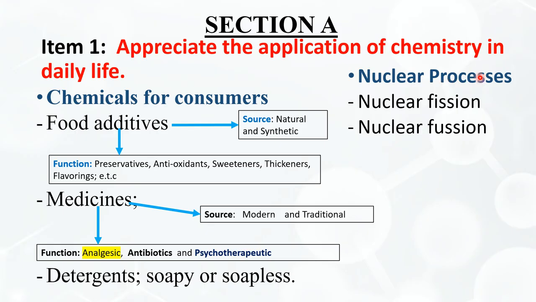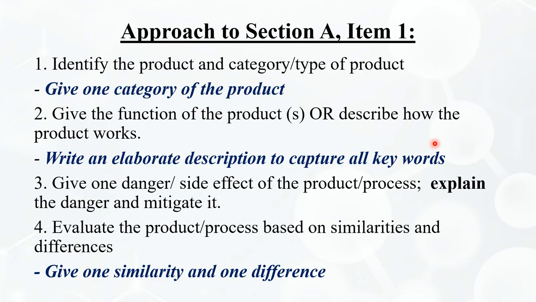Now, nuclear processes are just categorized into nuclear fission and nuclear fusion. How do we approach items in Section A, item number 1?